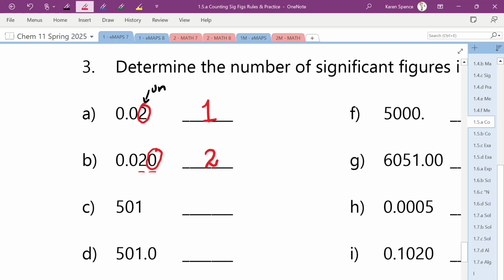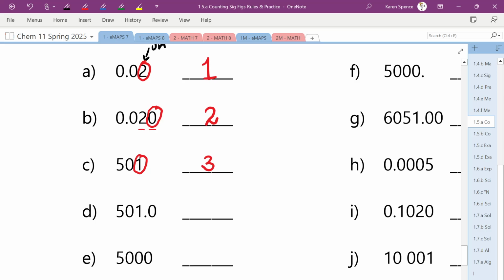Now, people get really excited because we do the next one and we say, oh, there's 3 sig figs here and it's the last one. And then they think, oh, it's always going to be the last one. And in fact, with our next one, there are 1, 2, 3, 4 sig figs, and it is the 4th digit that is uncertain.